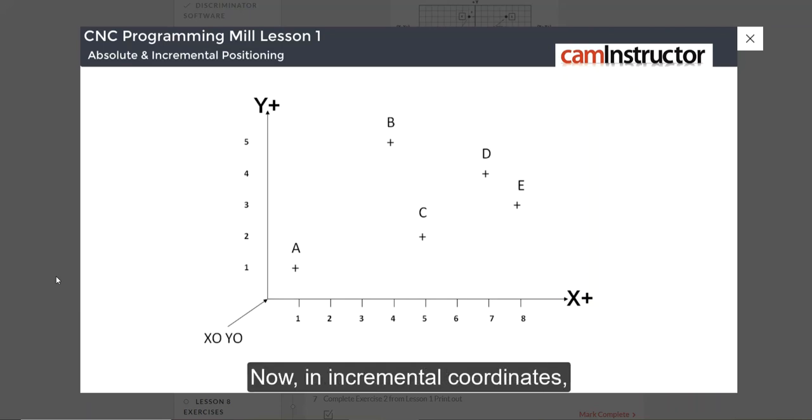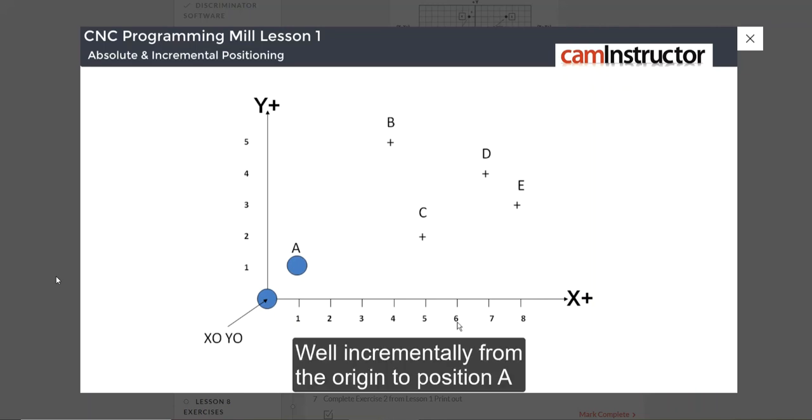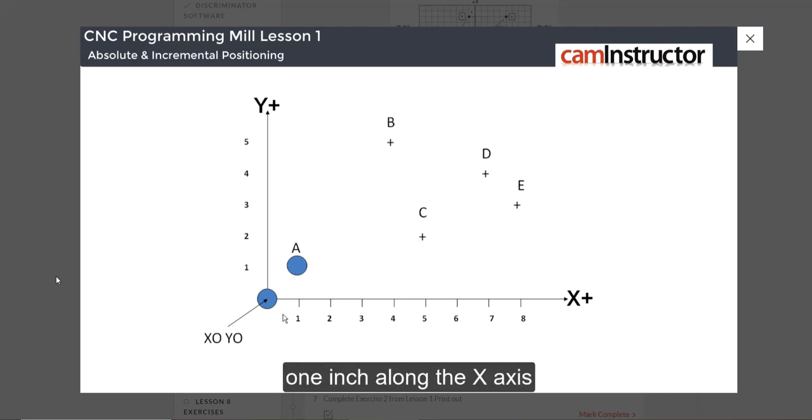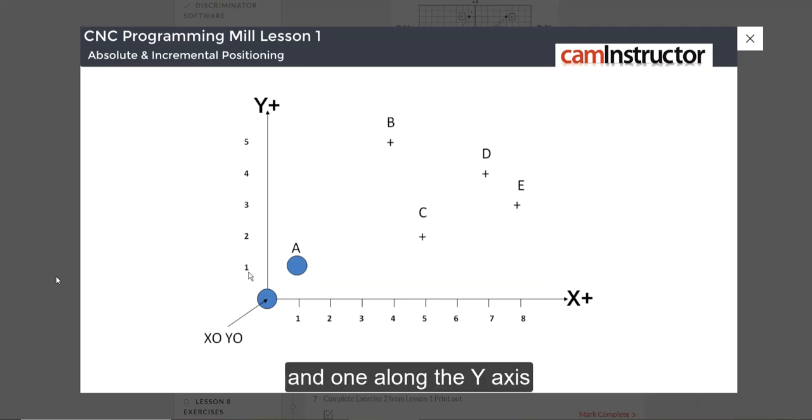Now, in incremental coordinates, what would be the distance in x and y from the origin to the center of the circle at position A? Well, incrementally, from the origin to position A, 1 inch along the x-axis and 1 along the y-axis, and both are positive numbers.